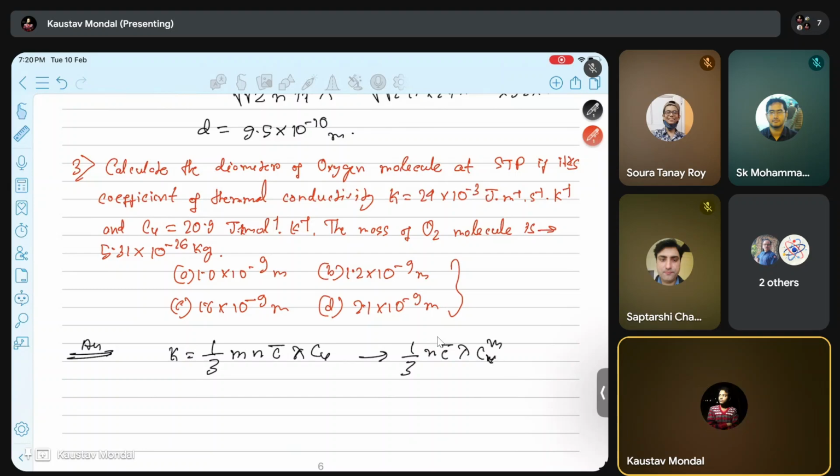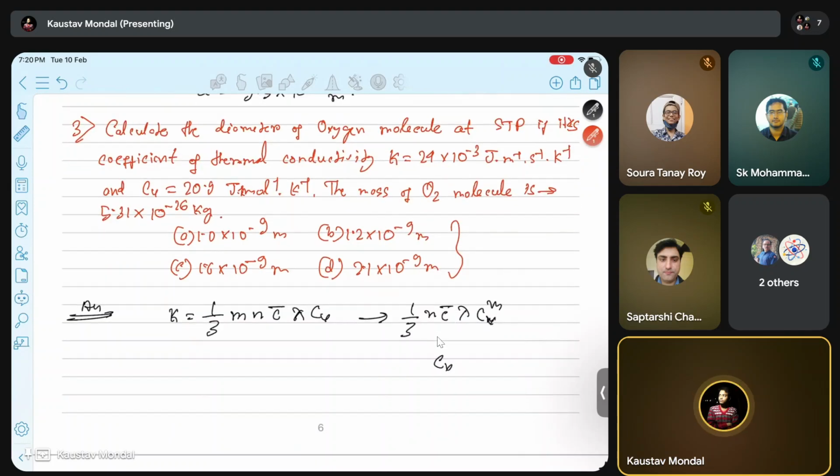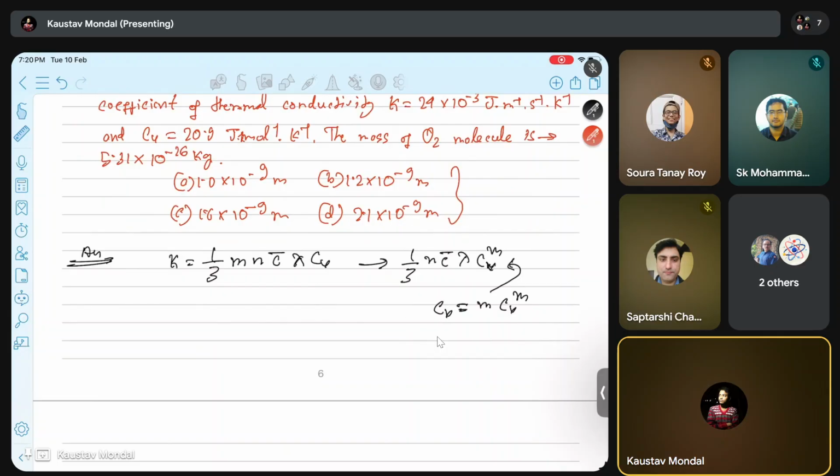Now cv, that is the specific heat, is basically related to m into cvm. So because of that you need the mass of the oxygen molecule. Sorry, I have written it the wrong opposite way. cvm equal to m into cv.